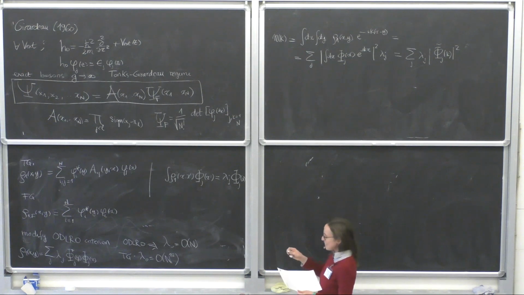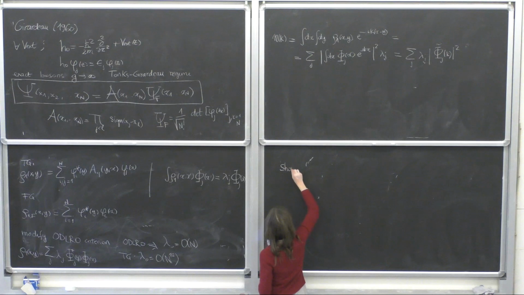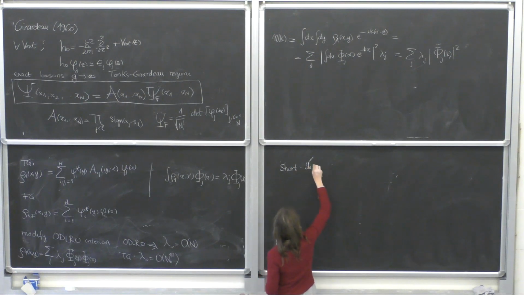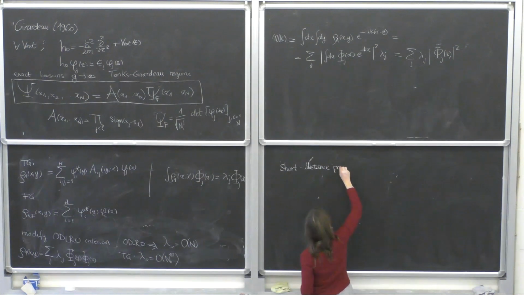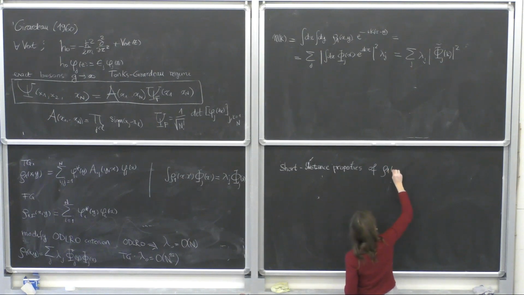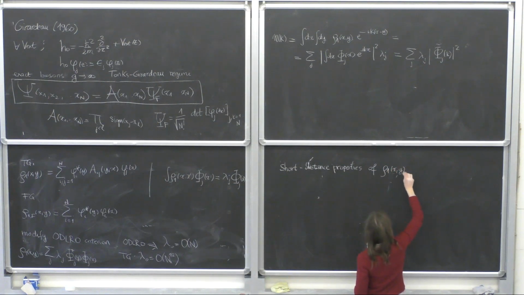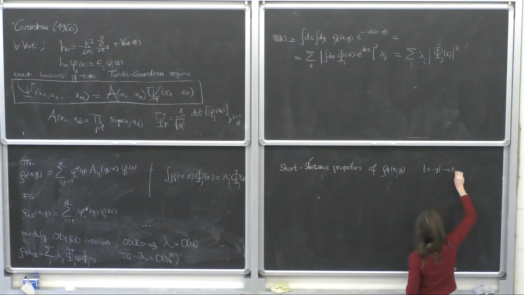So let me tell you now what we know about the short distance properties of rho 1. Short distance means that we want to determine its behavior for x minus y going to 0.